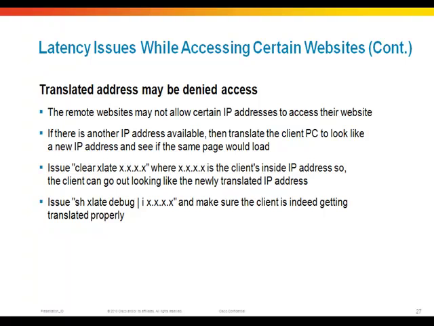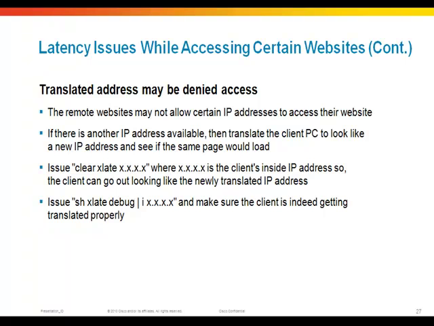Now, translated addresses sometimes may be denied by the remote website. That's the reason we try to use another available public IP address and see if you can load the same website. If that's the case, obviously the old IP address that you were using is not being allowed by the remote website.